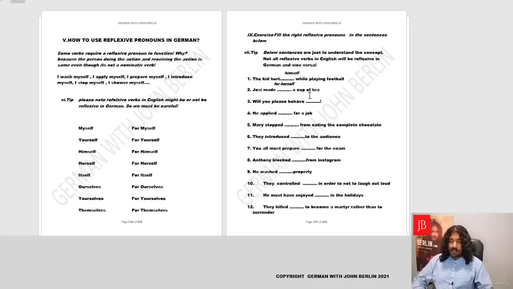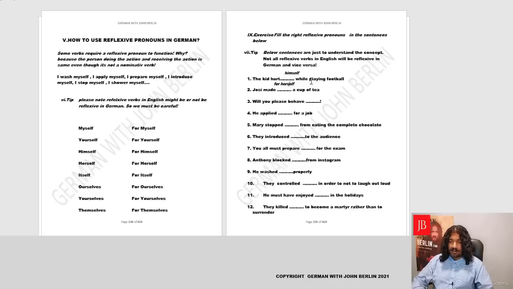Himself. But when the accusative part of a sentence is a thing like tea, who makes what? Josie makes tea. For whom? For herself. So whenever the accusative part of a sentence is a thing, your reflexive pronoun would always be dative. That's a quick tip to understand when to use accusative, when to use dative reflexive pronoun.